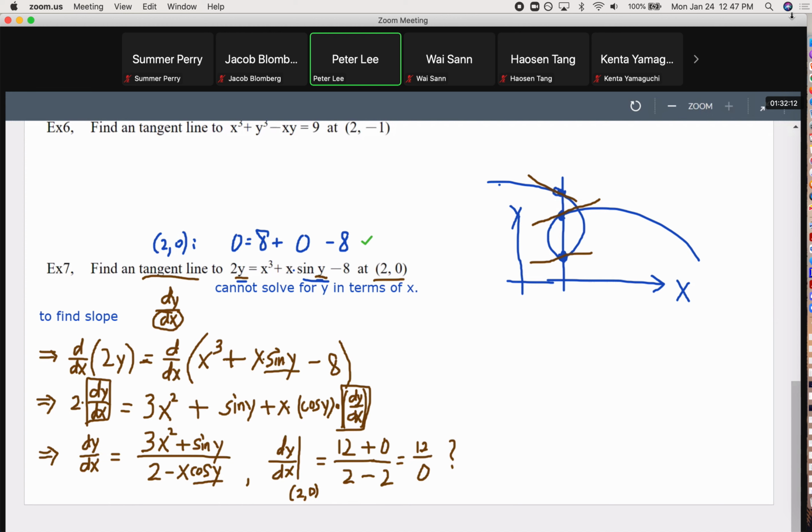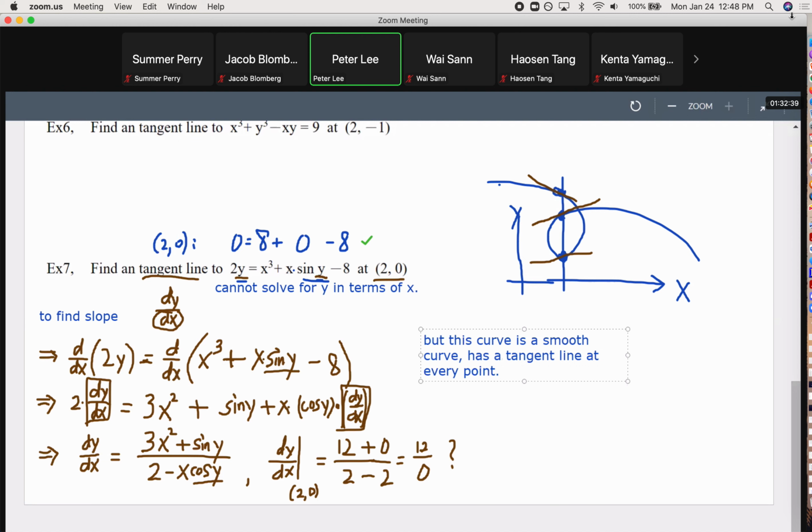But you know what? Let me tell you this. This curve is a smooth curve. That means it has a tangent line at every point.